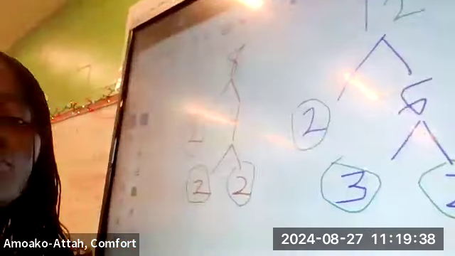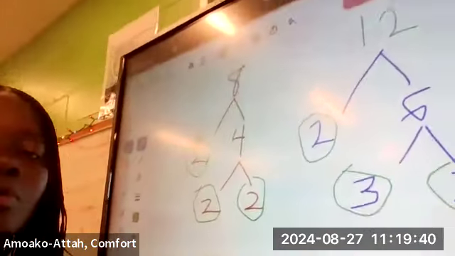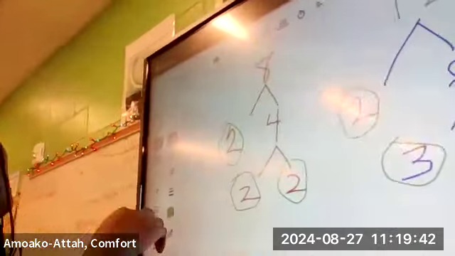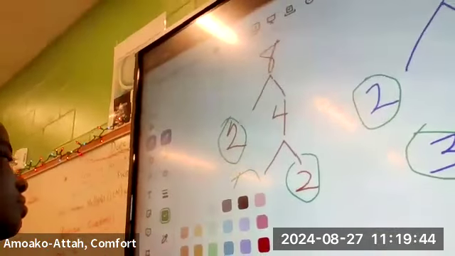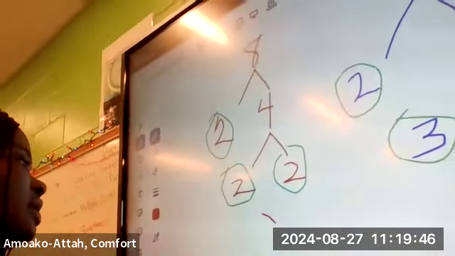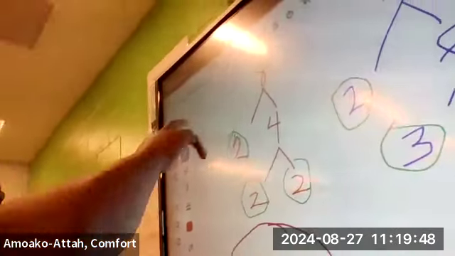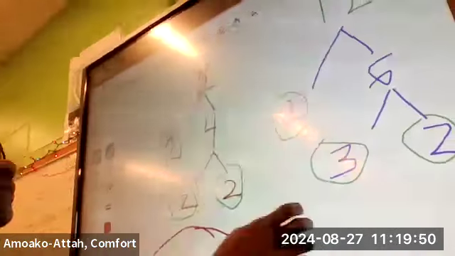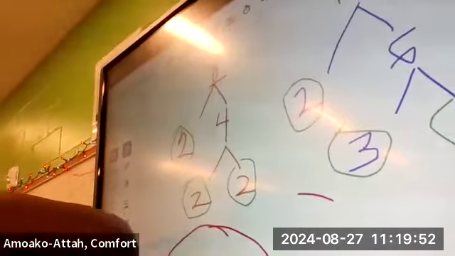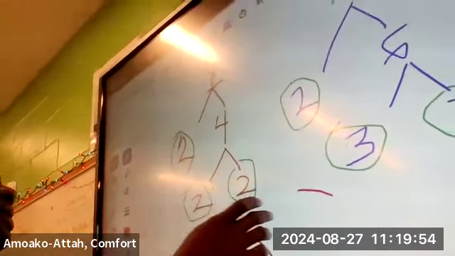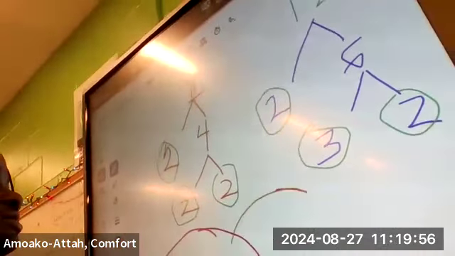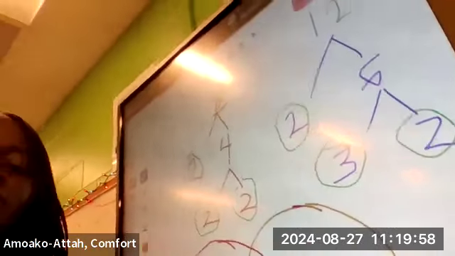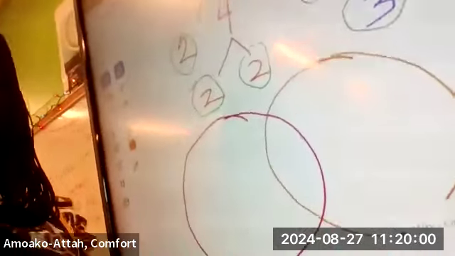Now we draw a Venn diagram to input our factors. For the Venn diagram, I get two circles because there are two numbers, 8 and 12. So two circles with different colors.